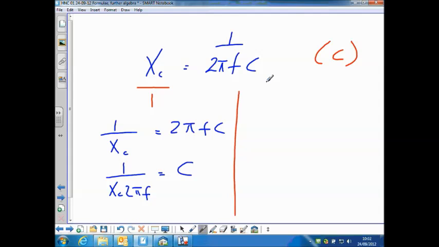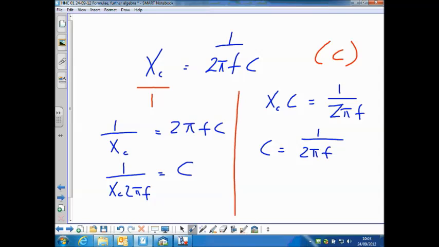So you get xc multiplied by c equals 1 over 2 pi f. So I've got the c, which is what I'm trying to isolate, at the top now. Now the next step is to divide both sides by xc. So c equals 1 over 2 pi f xc, because now it goes underneath with the rest. So same answer, slightly different way to think about doing it.